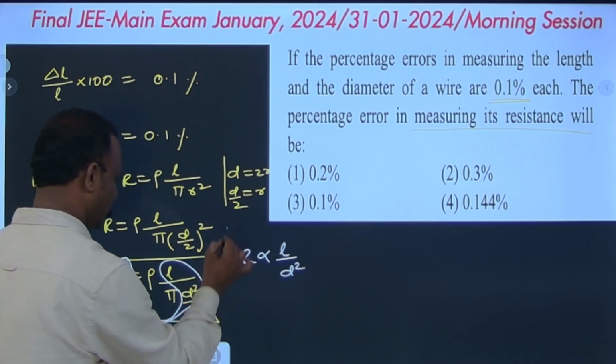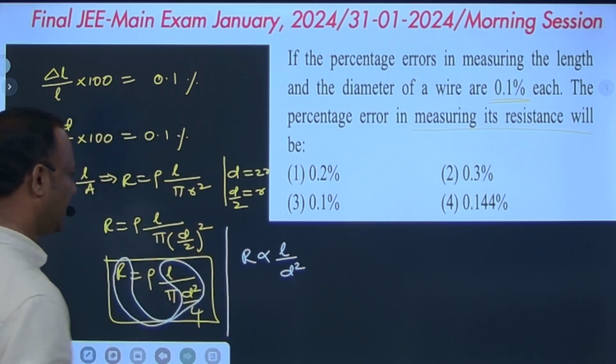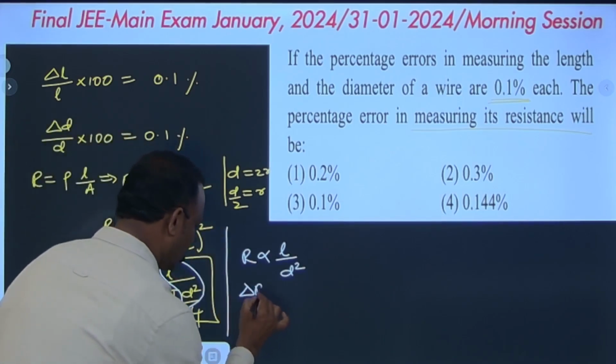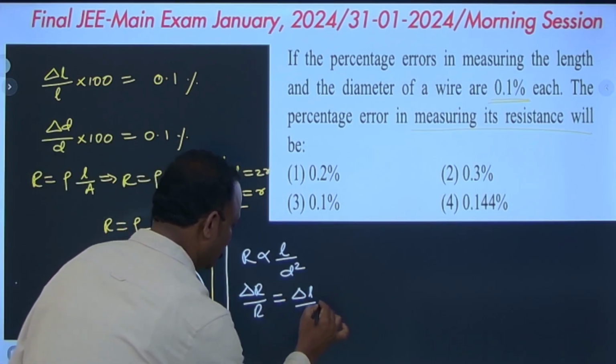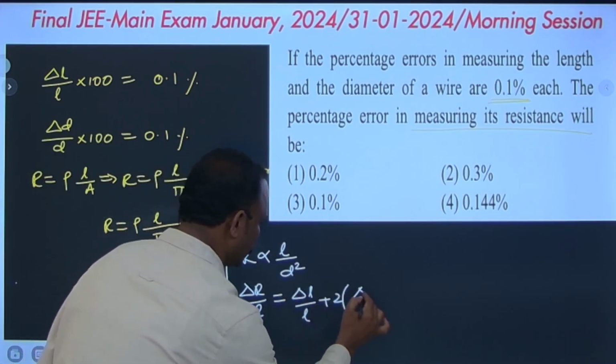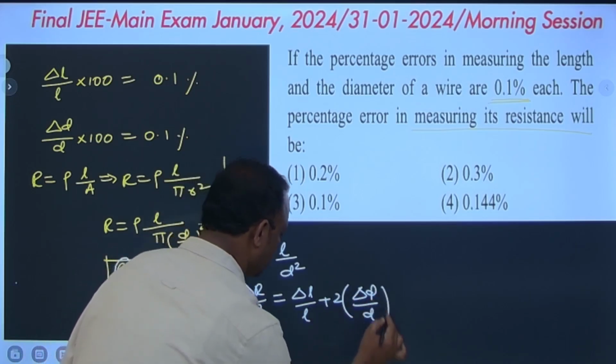Now we can go for the fractional error. Delta R by R is equal to delta L by L plus 2 times delta D by D. We know it.